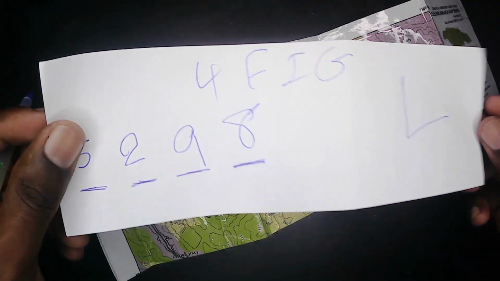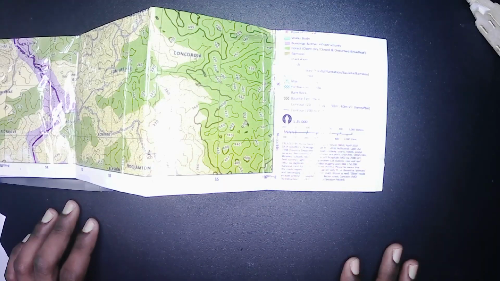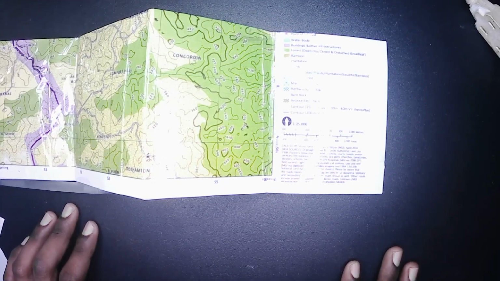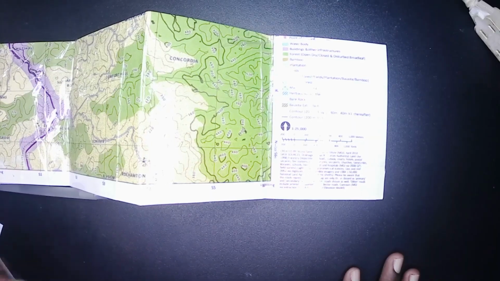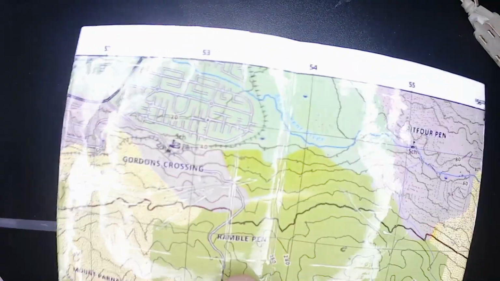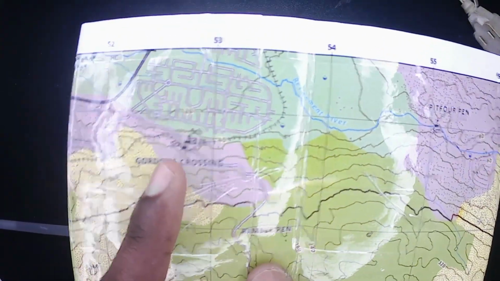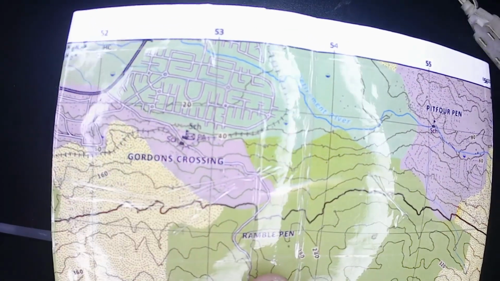You have now another type of grid reference called a six-figure grid reference. Going from four-figure to six-figure grid reference requires an additional step. That's it. Now, recall the four-figure grid reference because we're going to be using the same point, which is easier. So we're still looking at the school along the non-functional railway at Gordon's Crossing.